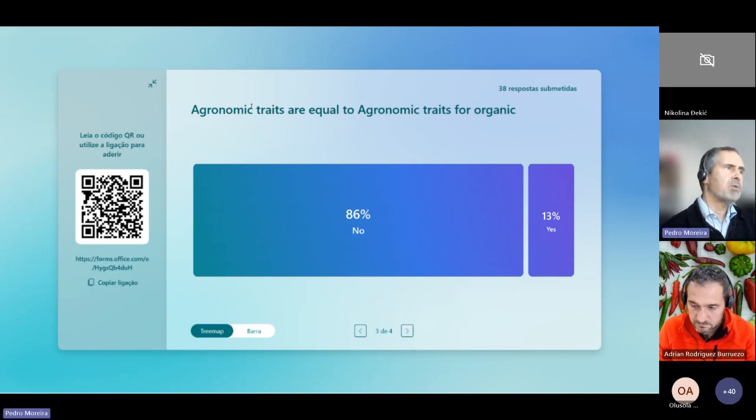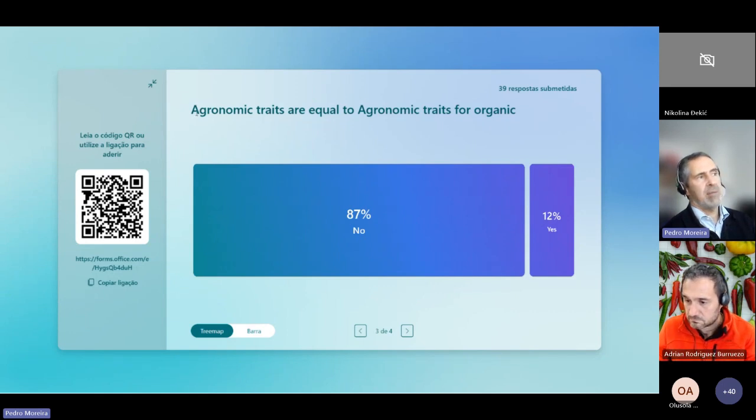So, are the agronomic traits equal to the agronomic traits for organic? Well, in this case, the agronomic traits for organic can be specific, but there are some agronomic traits that are not at all equal to agronomic traits for organic.